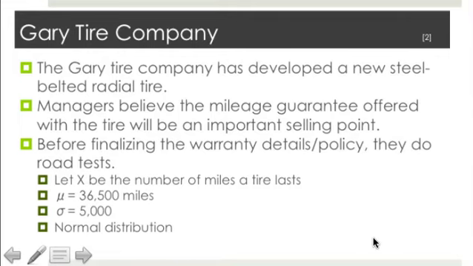So let's say that X is the random variable that describes the number of miles that a tire lasts before it fails. The data that they find indicates that the mean number of miles before failure is 36,500, the standard deviation is 5,000, and this particular random variable behaves according to a normal distribution.